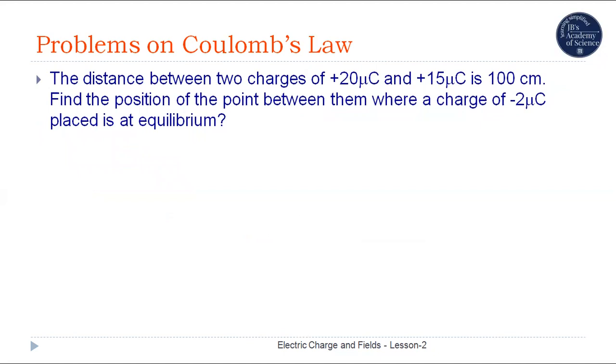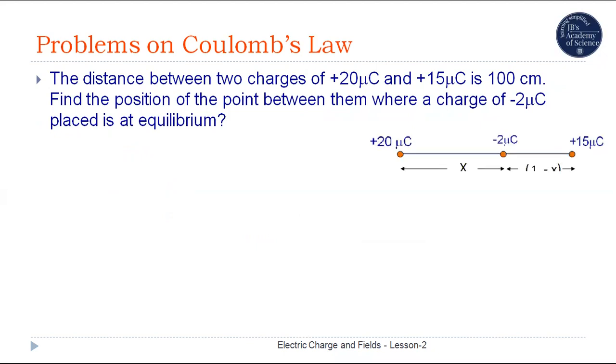Second problem. The distance between two charges of plus 20 microcoulomb and plus 15 microcoulomb is 100 centimeter. Find the position of the point between them where a charge of minus 2 microcoulomb placed is at equilibrium.